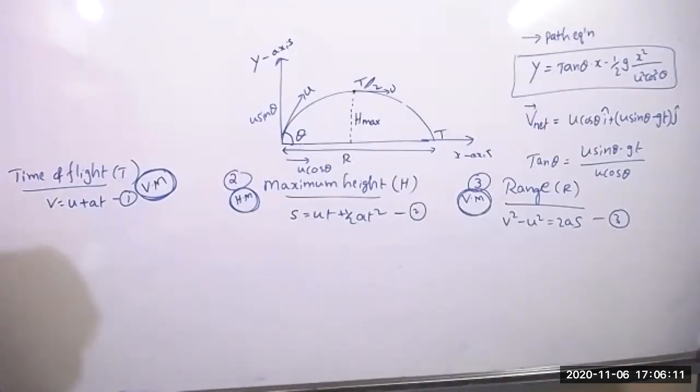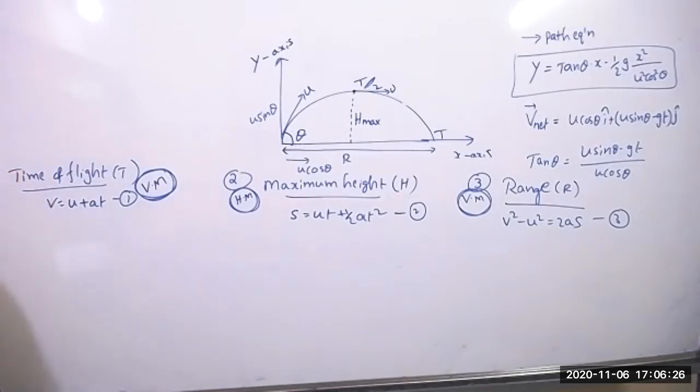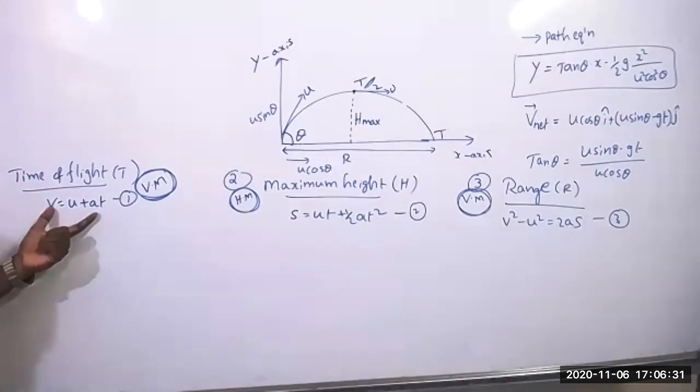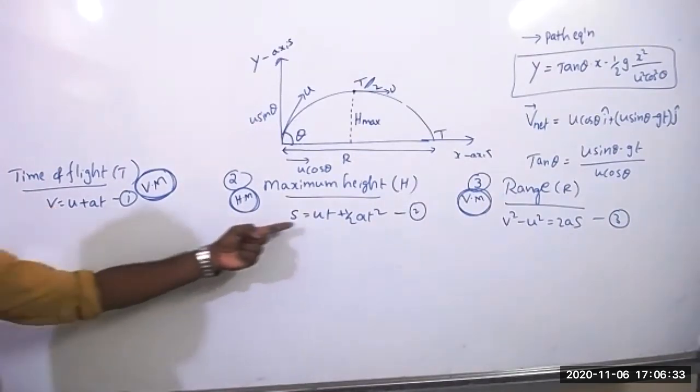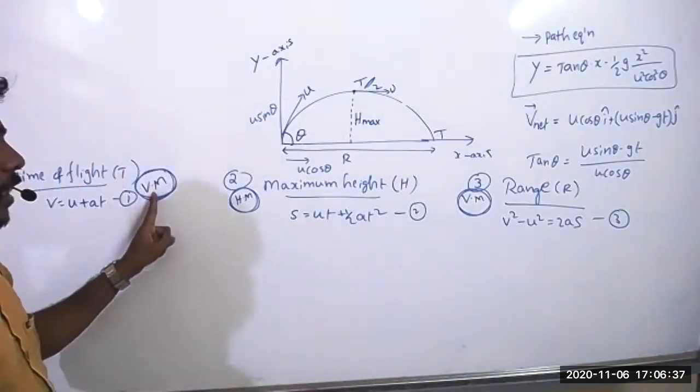Okay, I got disconnected for 2 minutes. So after that, range and time of flight. What did you tell? We have to calculate the time of flight formula, maximum height formula, and range formula. To calculate that, first equation I wrote, second equation I wrote, third equation I wrote. First equation I am applying for vertical motion.